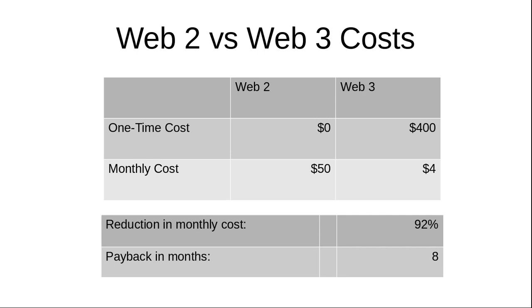And what's great about this is not only, if we had a centralized organization paying for everything, then that $400 computer would pay for itself in 8 months, and so that's compared to the $50. But what's even better than that is we've actually distributed this out among our community.